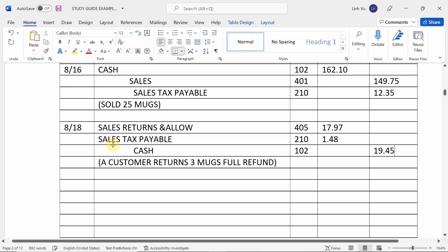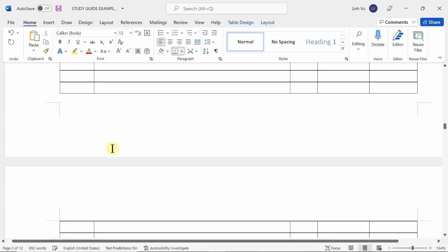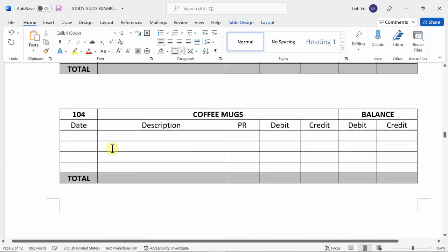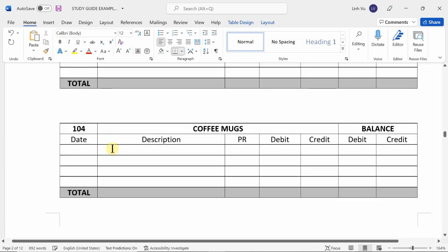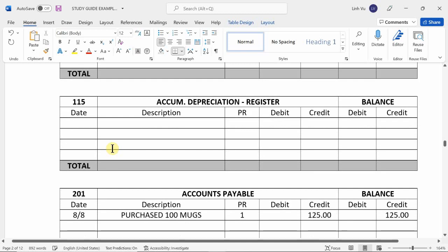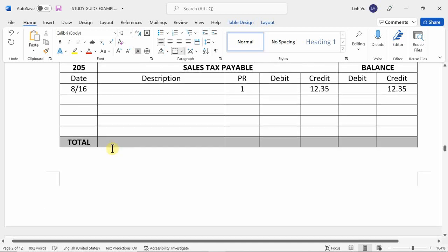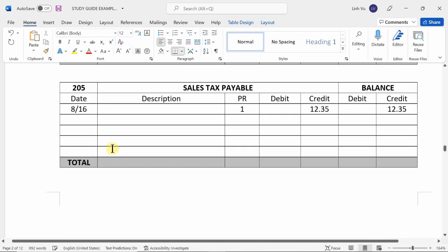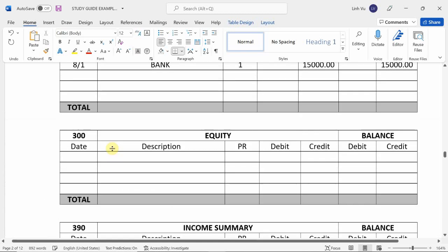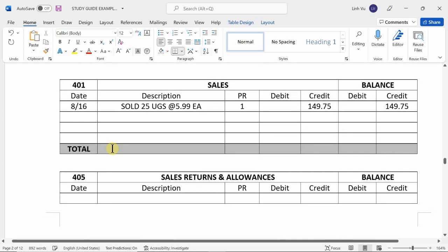So then, let's see, we need to update our ledger. First thing that we encountered was a sales returns and allowance.